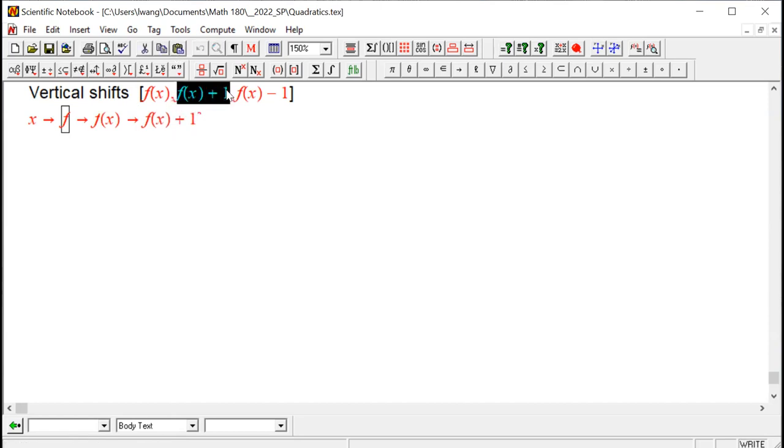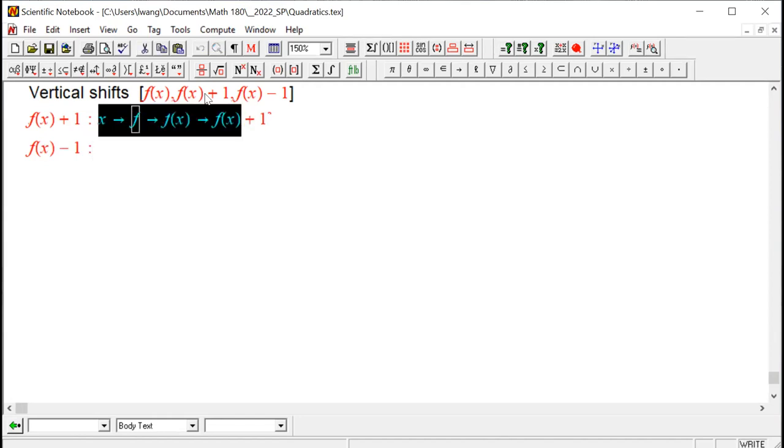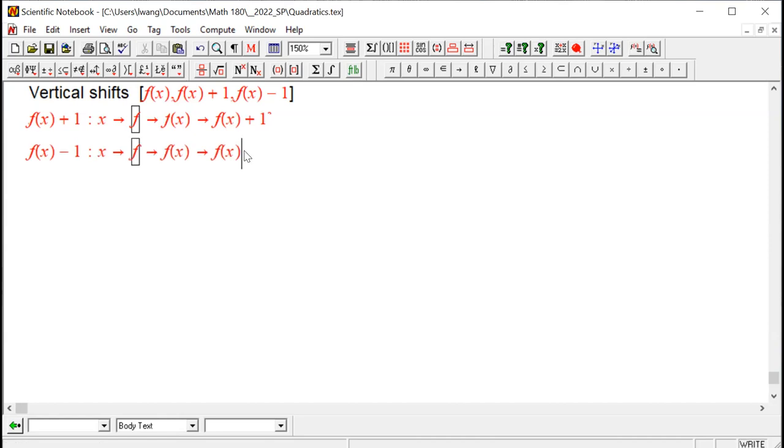That's f of x plus 1. So that's the flow. For f of x minus 1, the flow is similar, except that in the end, we subtract 1 from the output. So these are the vertical shifts.